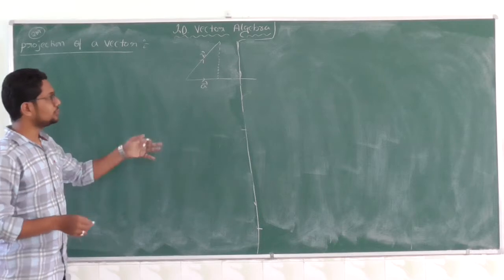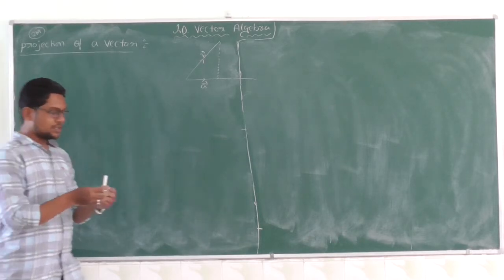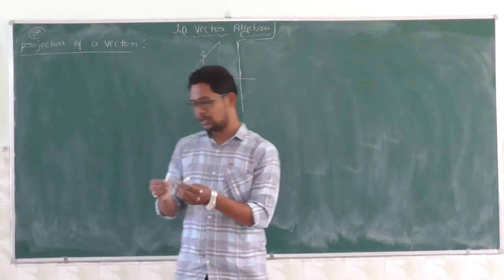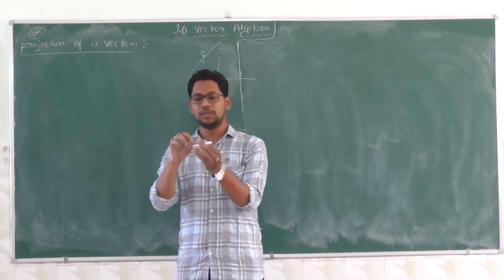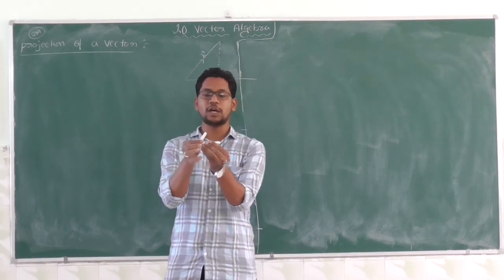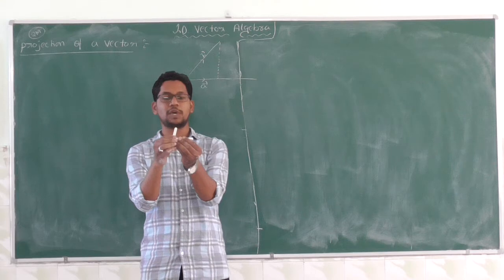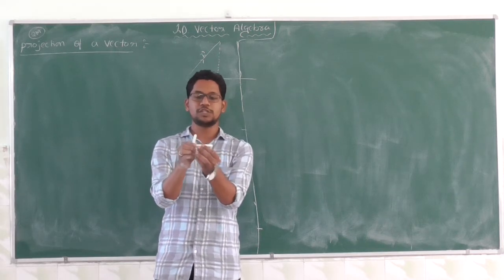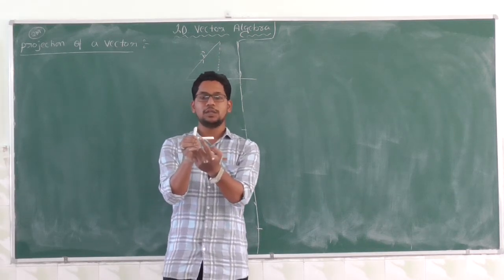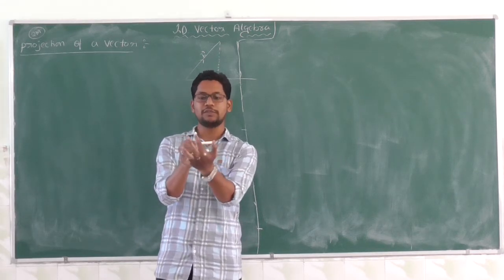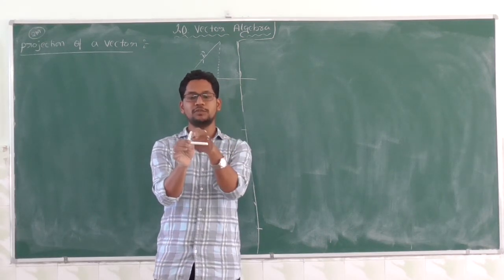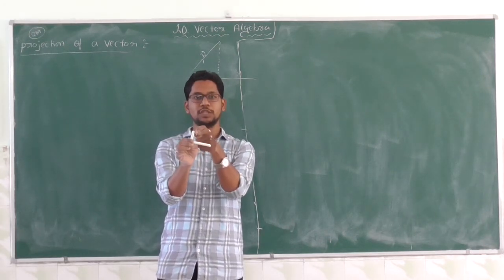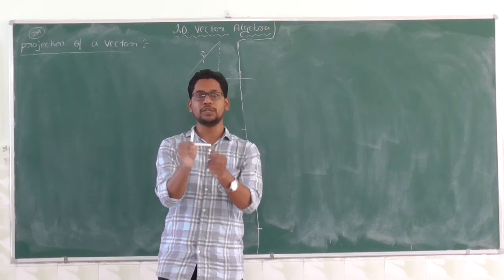Imagine it as vector A and another vector B. The projection of A on B will be this.